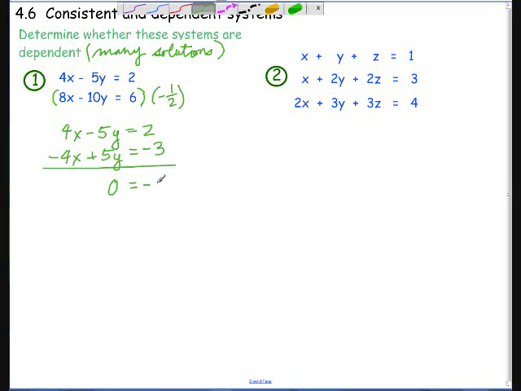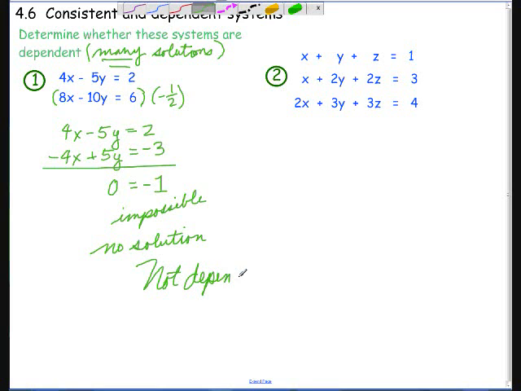I add these up, negative 1. Well, this is a strange result. We know that this is impossible, and we know that this is an indication that we have no solution. So, is this a dependent system? Remember? The answer is not dependent. Clearly.